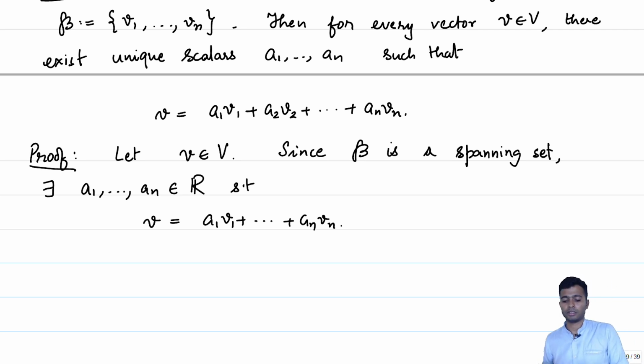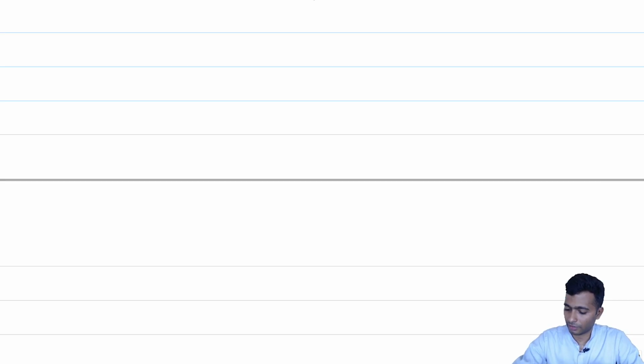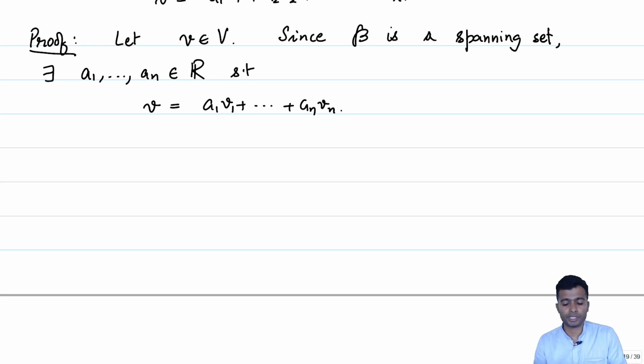So, certainly the existence part has been ensured by the spanning property of B. The only question is uniqueness. So, we will show that if we have any other linear combination of v1, v2 up to vn which is equal to v, it should necessarily be the same as the linear combination in terms of a1, a2 up to an. So, to do that, let us start with another linear combination.